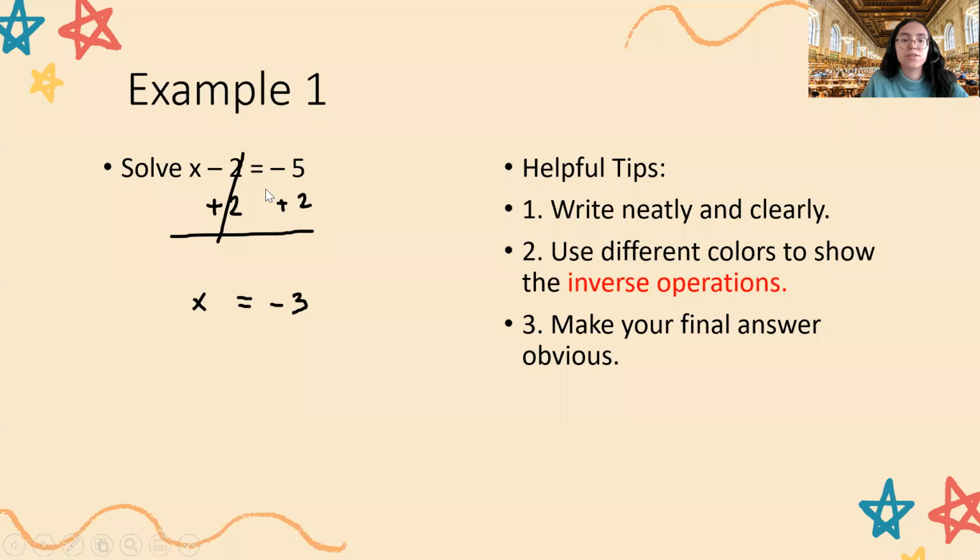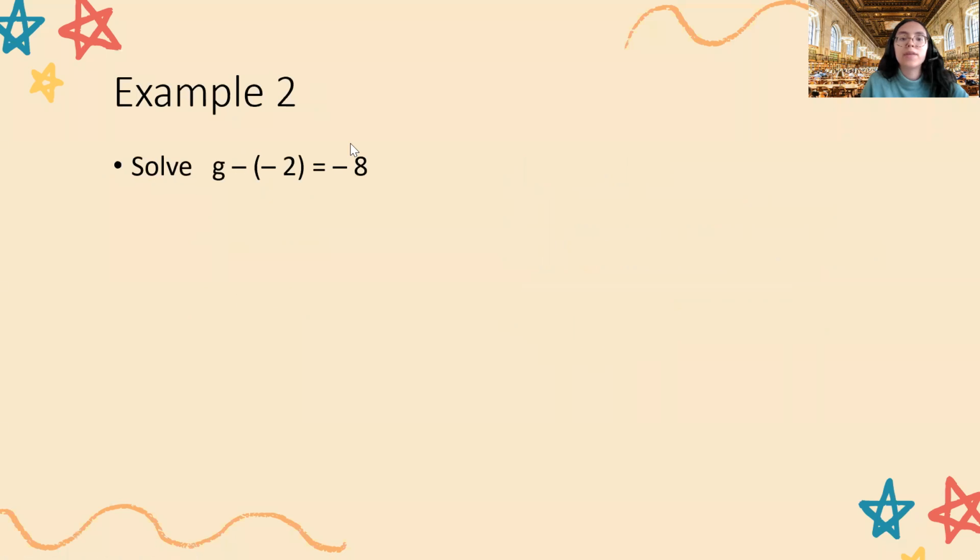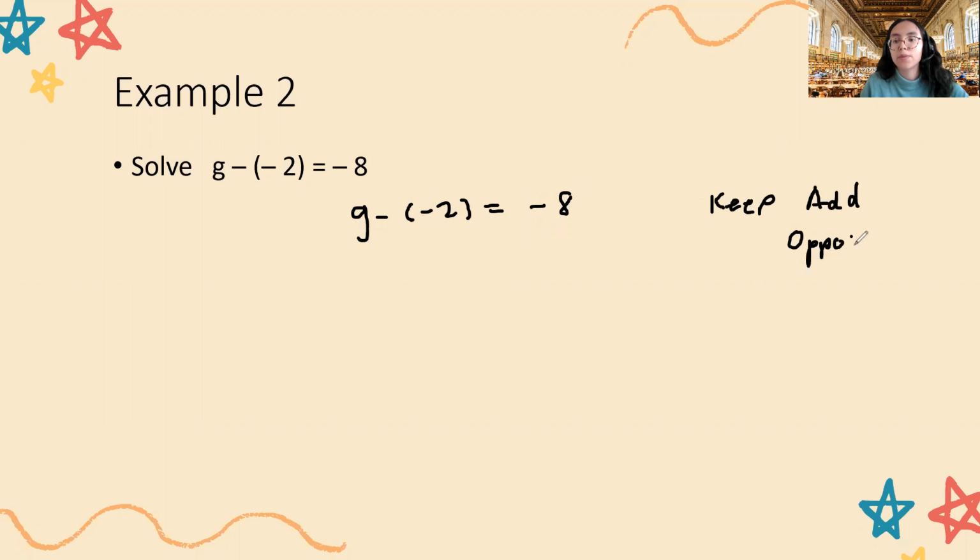Let's go ahead and do another example. Here we have g minus -2 is equal to -8. So I need g by itself. So I'm going to take care of this right here. I have a minus and a -2. So what I can do is use my keep, add, opposite. This is what we learned when we learned how to subtract integers.